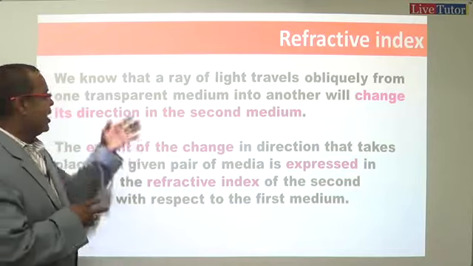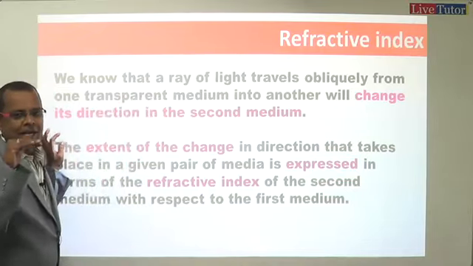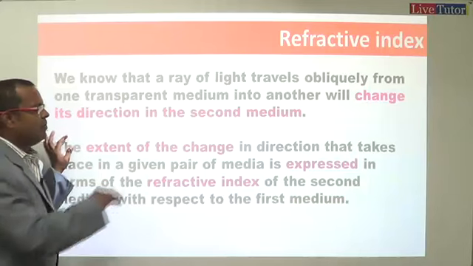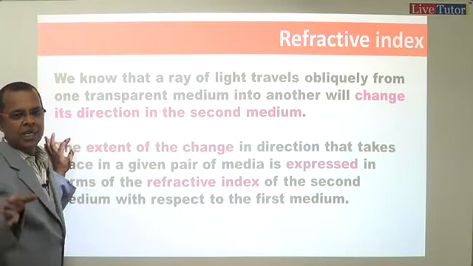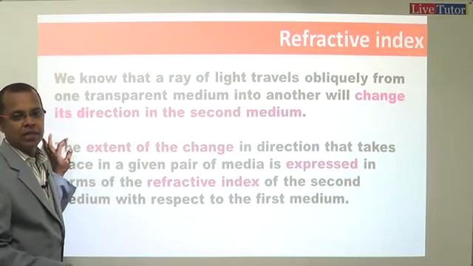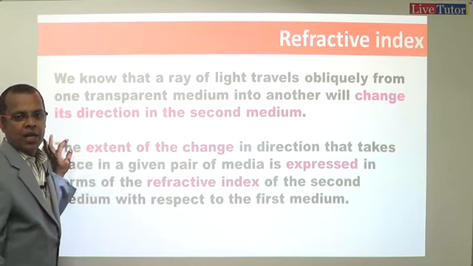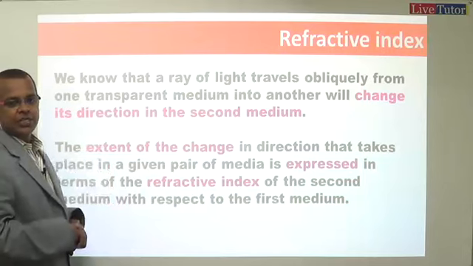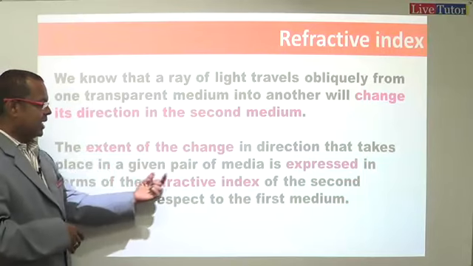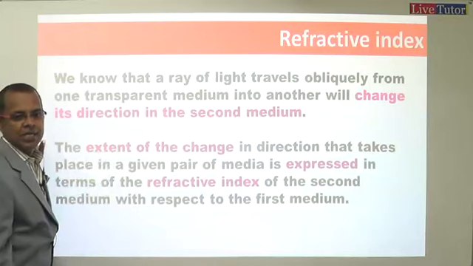Now, so far we have understood that when light travels at an angle, obliquely, from one medium to another medium, it changes direction in the second medium only, you have to remember. How much it changes direction in a given pair of media is expressed in terms of refractive index.